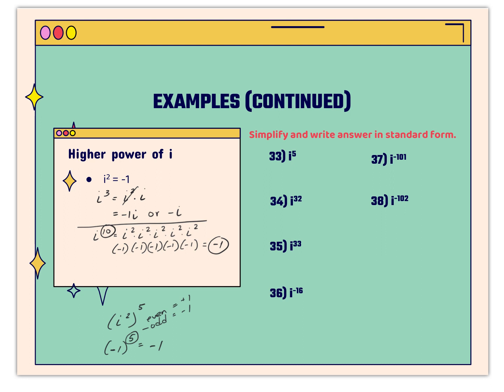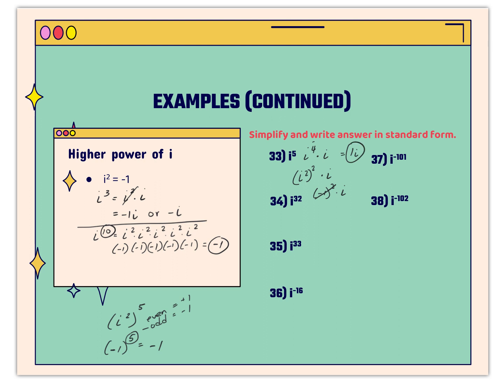When the exponent is odd, I say, okay, this is i to the 4th times i to the 1st, or just times i. And then i to the 4th, I treat as i squared to the 2nd power times i. So this becomes -1 squared times i. -1 squared is 1. So I know my answer is 1i.